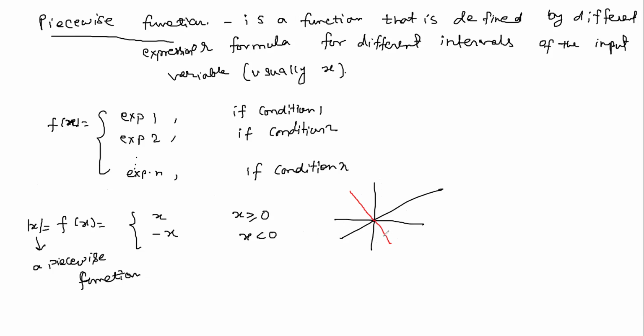But f(x) is mod x, which means you get only the positive value. So I will remove the negative part of f(x). This part will be removed, so only this is your final answer.